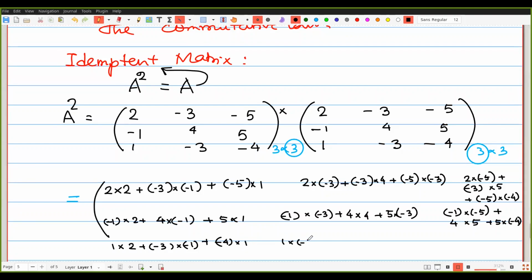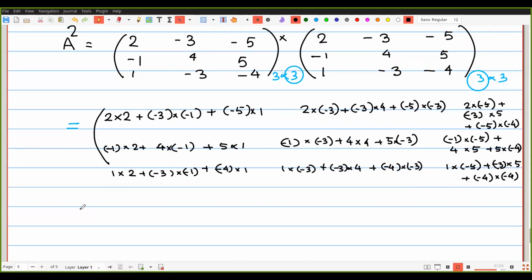Then 1 into -3 plus -3 into 4 plus -4 into -3, and 1 into -5 plus -3 into 5 plus -4 into -4. Let's check what the results are.